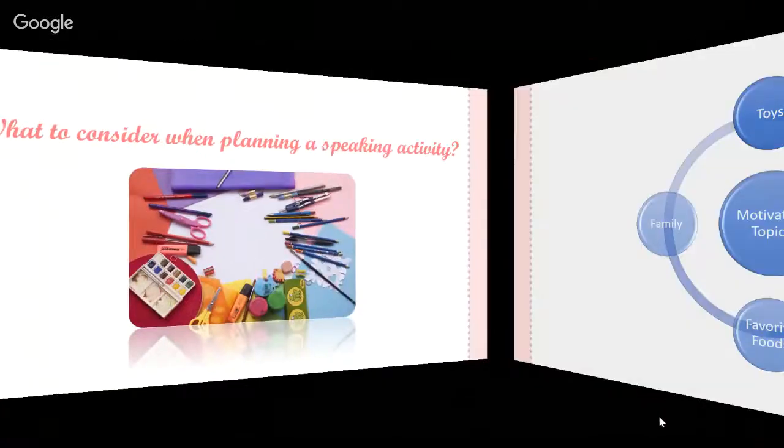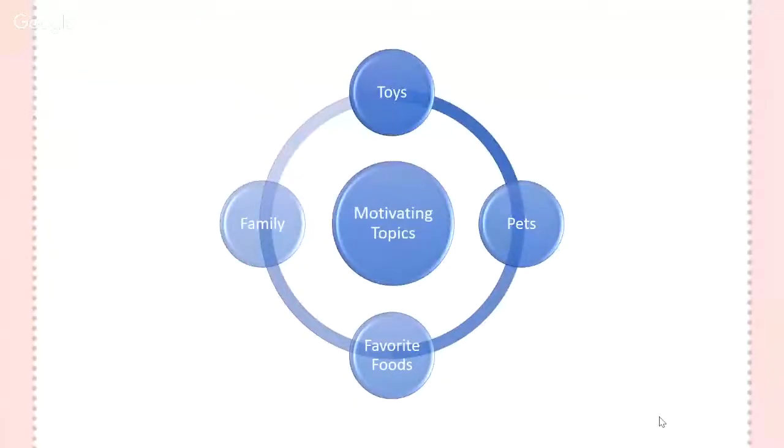The first thing, like I said before, is that we have to bring them motivating topics. If the child has nothing to say about specific topics, chances are that they won't engage in the activity. So we must bring topics that are real for them, topics that they want to talk about.